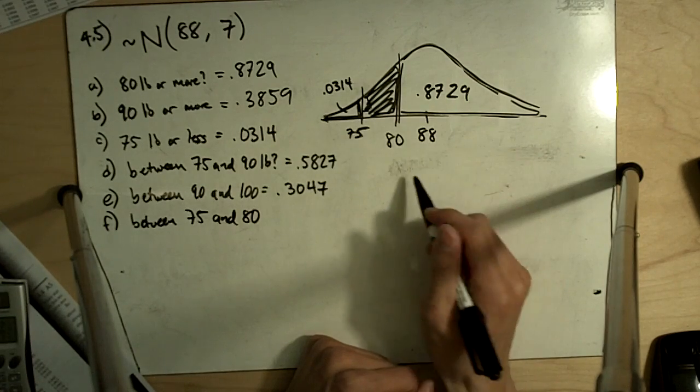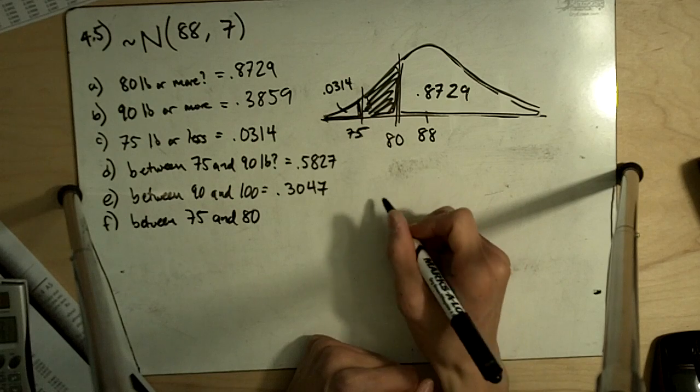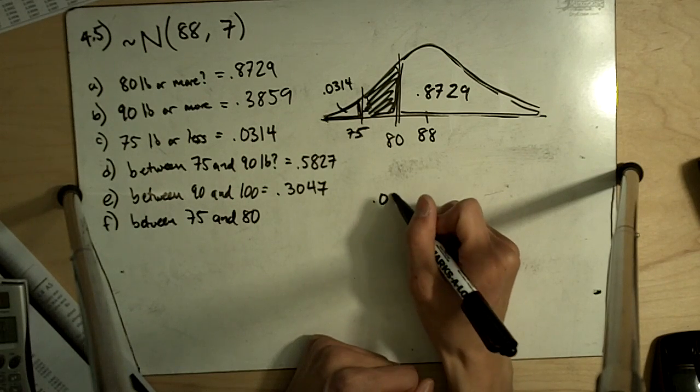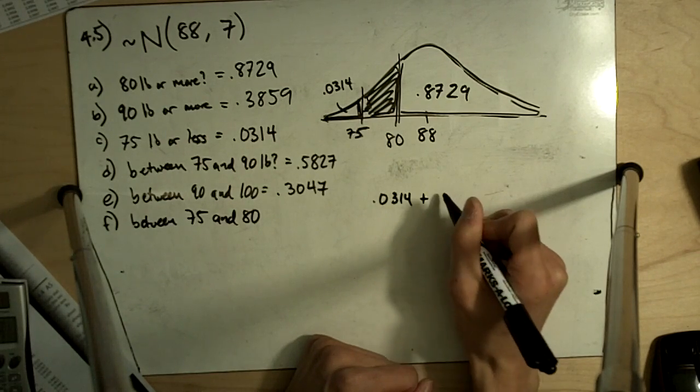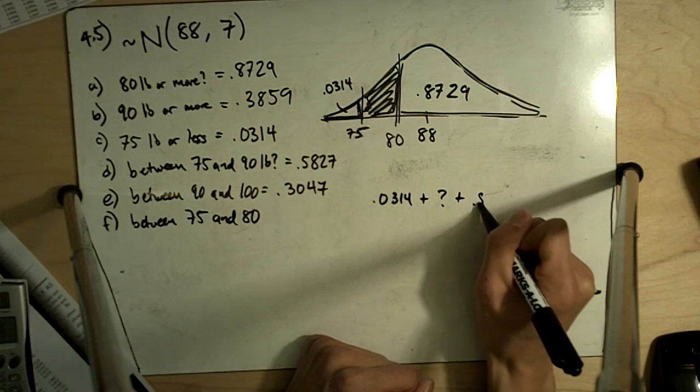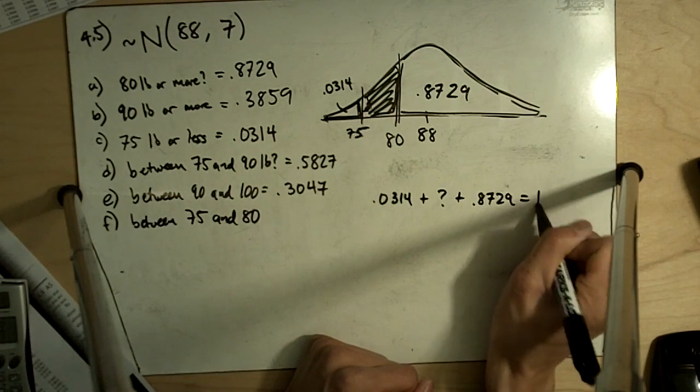So once again, all three numbers will add up to 1. So 0.0314 plus our mystery number plus 0.8729 adds up to 1.